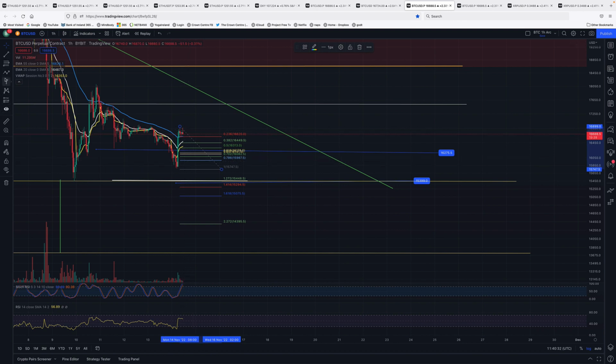So from where we are right now, I believe we are coming down for a 786 or a 702 correction. Again, XRP is a very specific coin to trade because it's almost religious in its 786 retracements.